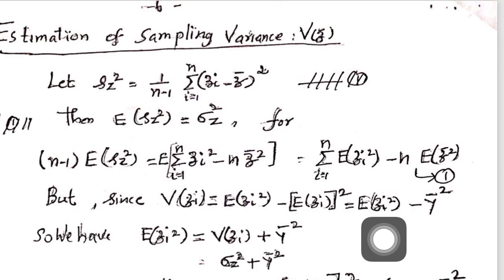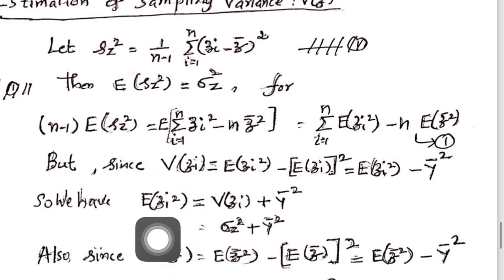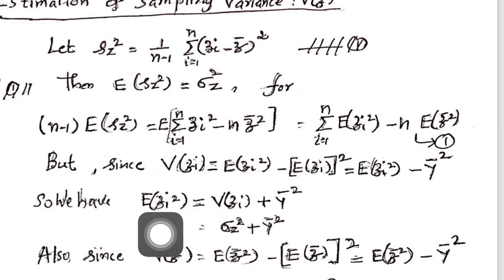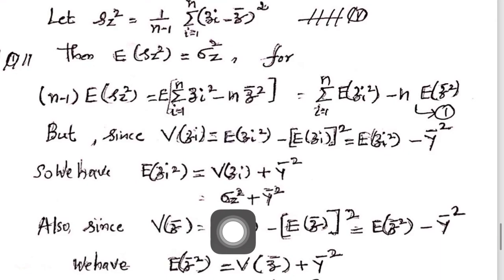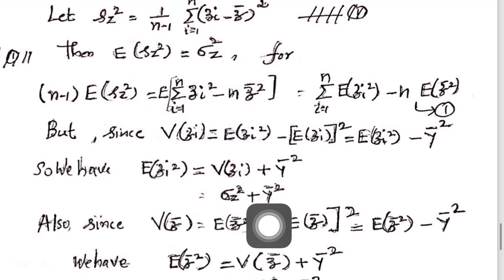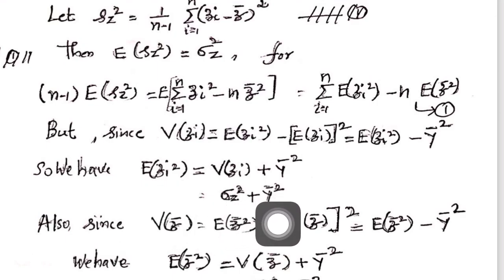That is equal to expectation of zi square minus capital Y bar square. Therefore we have expectation of zi square equal to variance of zi plus Y bar square, from this expression. And what is the variance of zi? You have already proved that it is equal to sigma z square. So here, the expectation of zi square, which we needed first, we got: expectation of zi square is equal to sigma z square plus Y bar square.